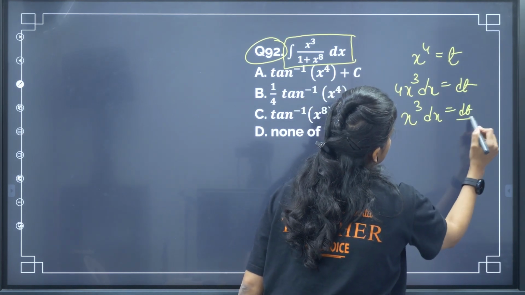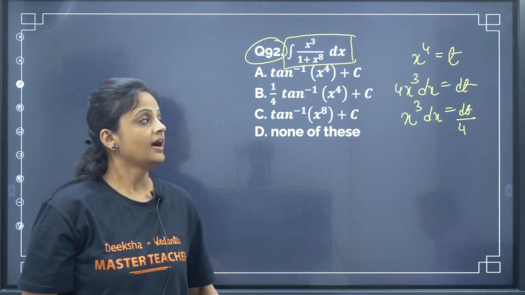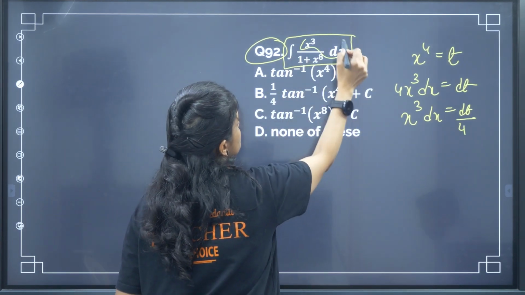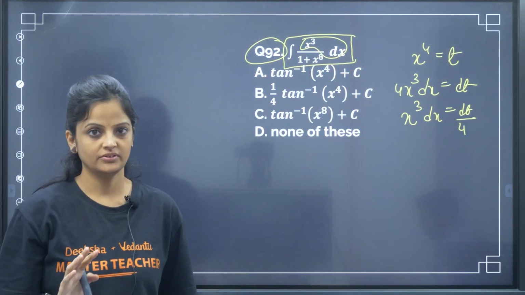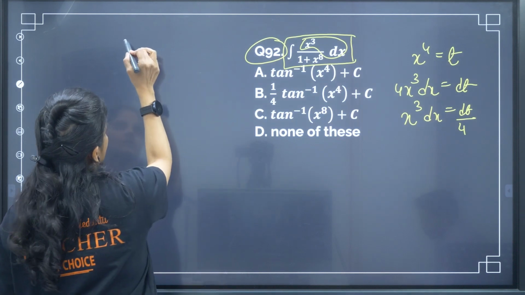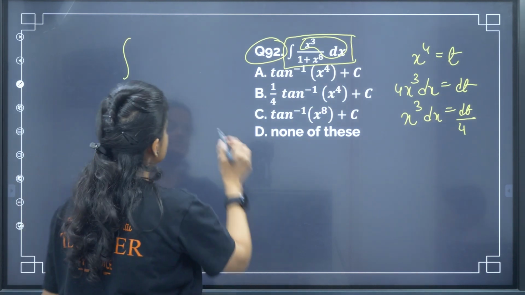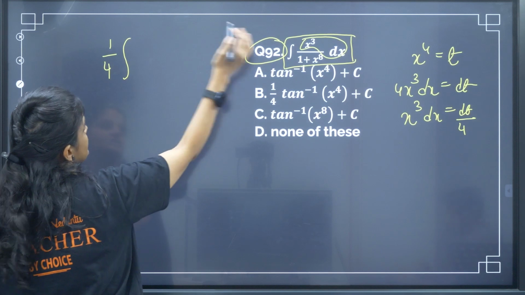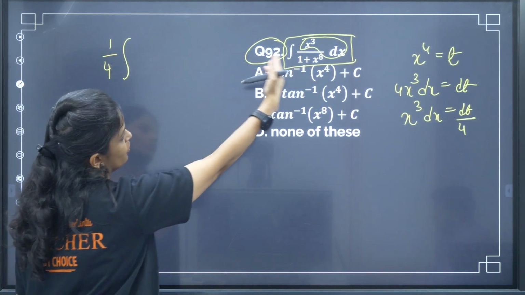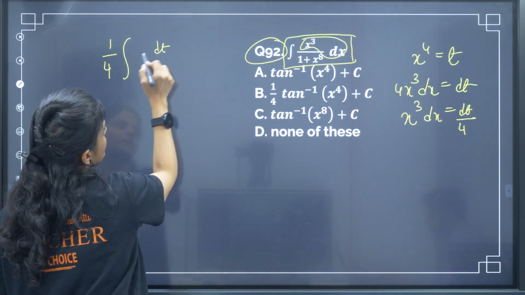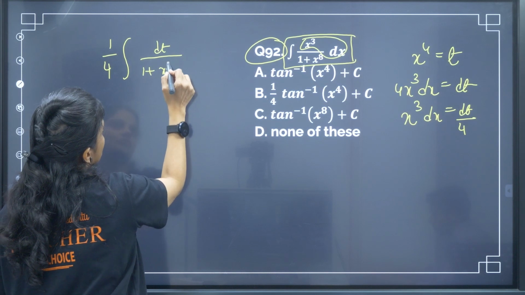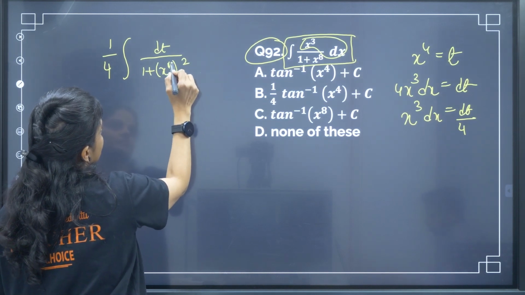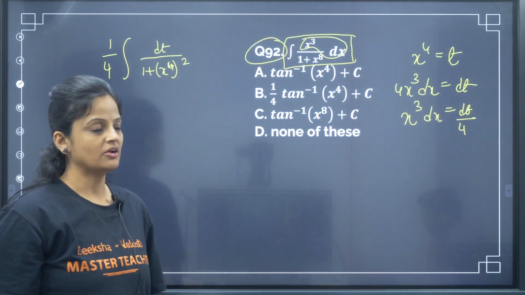If I take something as t, the numerator part should go with dt. If you check that, your answer will be very simple. See, this has reduced to 1 by 4 dt divided by 1 plus t whole square. That's why I have taken x power 4 as t.